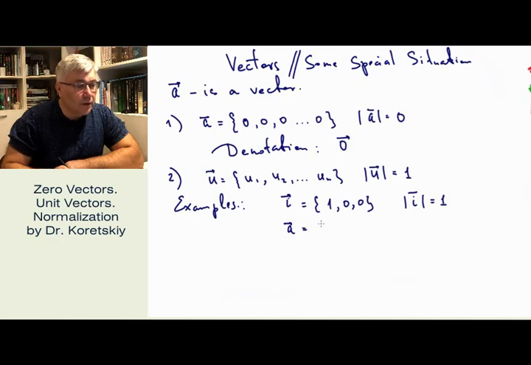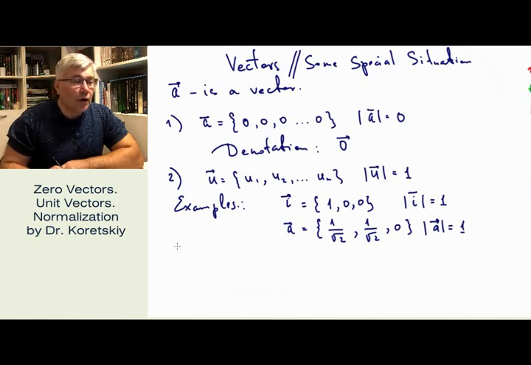It's clear that the length or magnitude of this vector equals 1. Another example, vector A equals 1 over square root of 2, 1 over square root of 2, 0. It's clear that if you calculate the magnitude of this vector, you'll get 1.